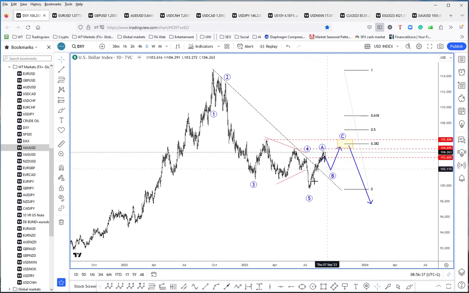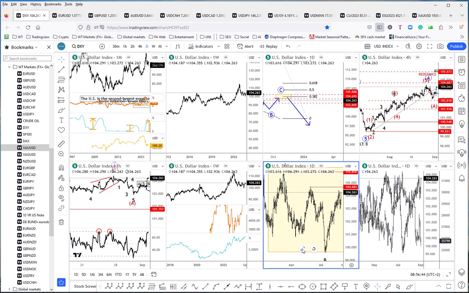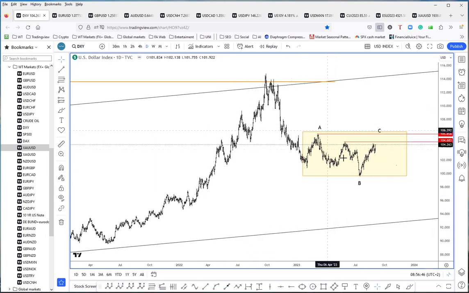So we are either going to see here a 3-wave rally, a zigzag into this resistance area, or maybe this is a flat correction and the market actually bottomed here at the start of this year. You can see in this square that for the whole year we are just chopping around. So now we are approaching the upper side of this 2023 range.